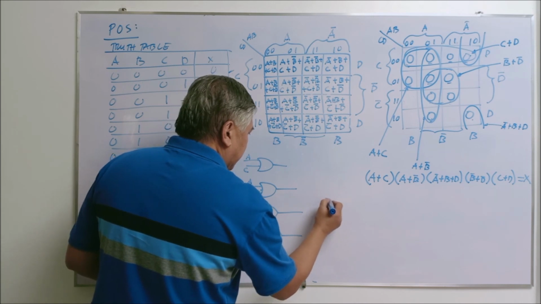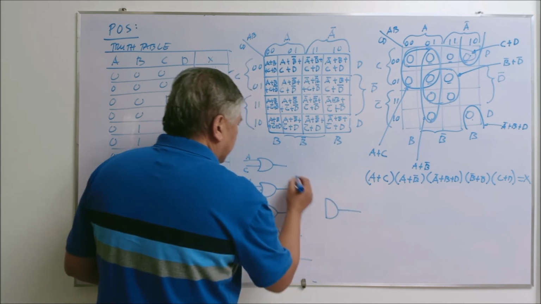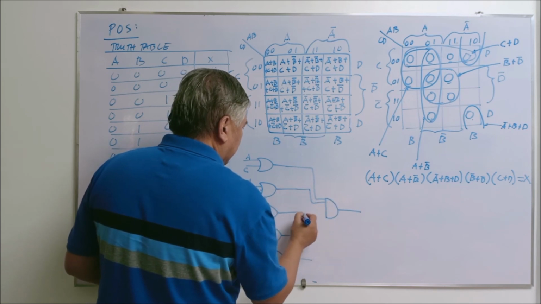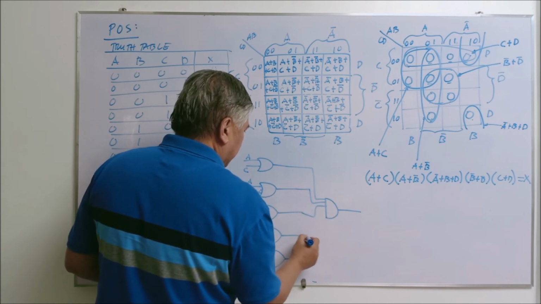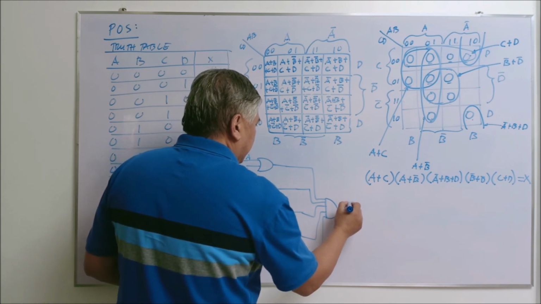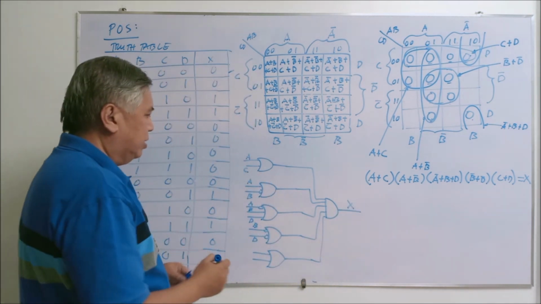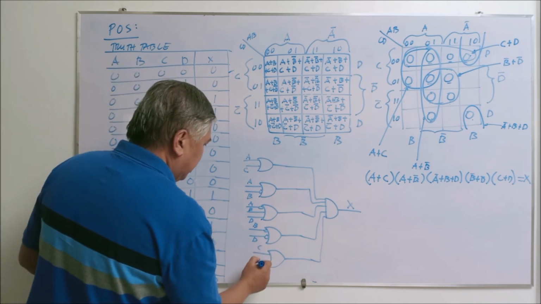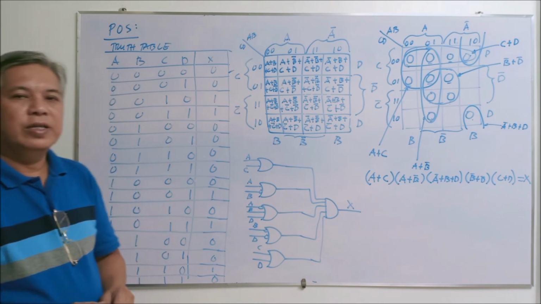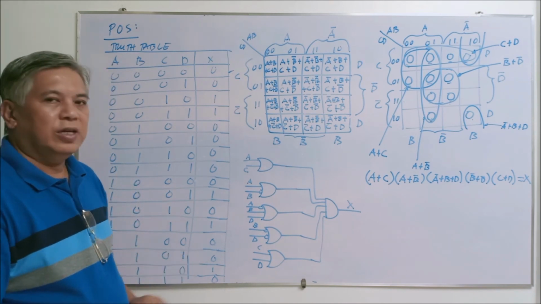So you have here an AND gate. This will now be your X. This will now be your simplified logical circuit equivalent.